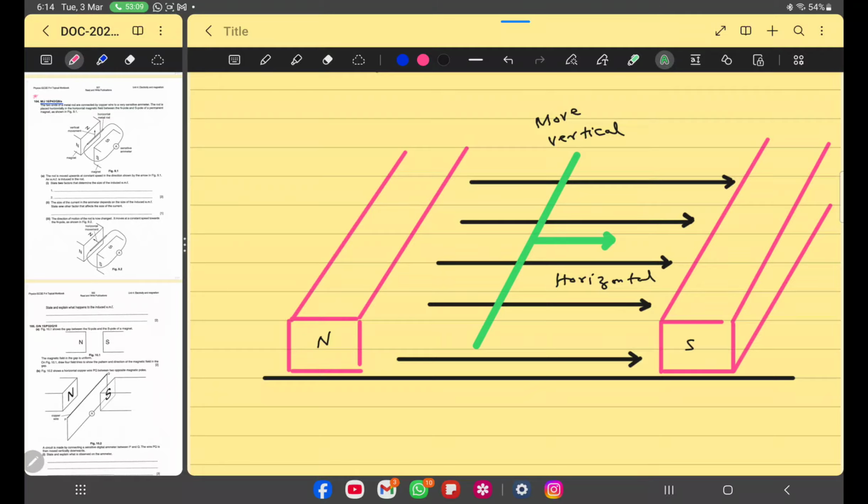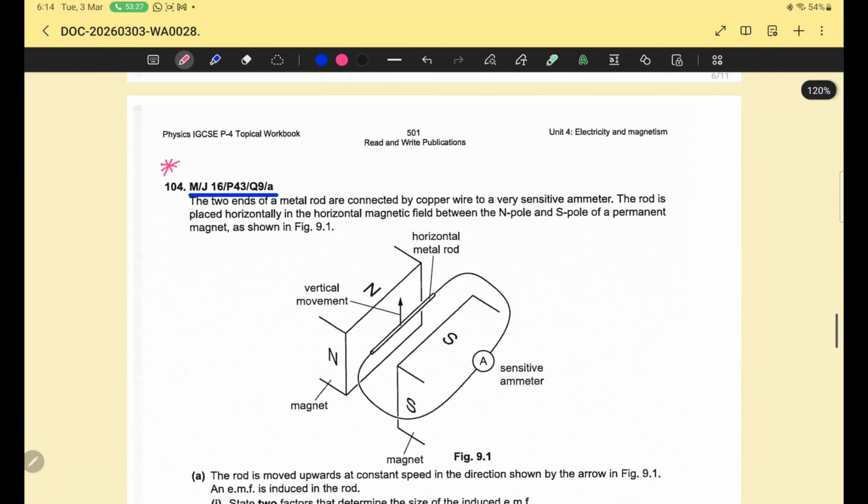When the wire moves at 90 degrees, then current is produced. If the wire is moving at 0 degrees, parallel to the magnetic field, no current is produced.